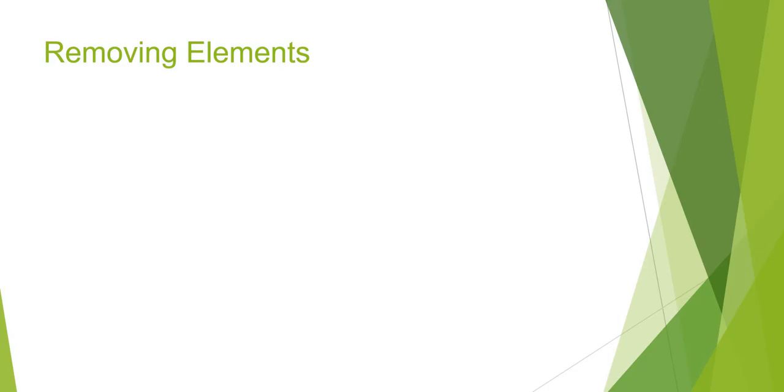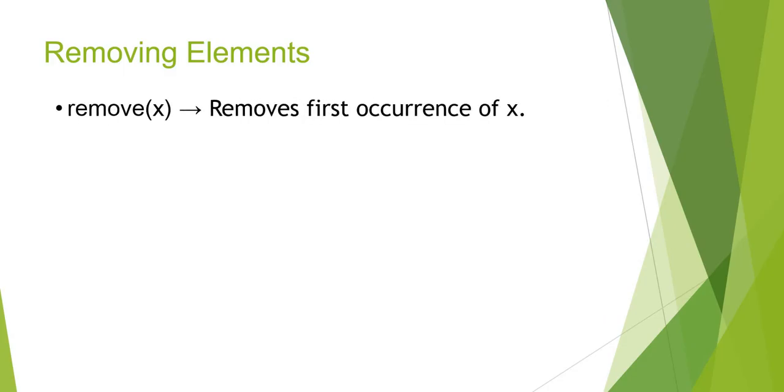Now let's see what are the methods that help us to remove elements from the lists. Remove of x removes the first occurrence of that particular element x. If you have multiple elements of the very same x inside the list, remove x will remove the first one from the list.